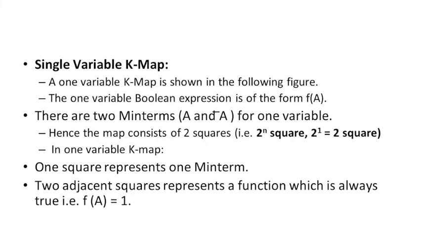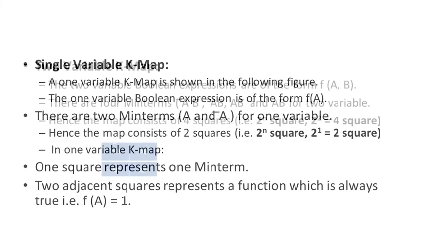Why? Because 2 to the power 1 is equal to 2 squares. In a one variable K-map, one square represents one minterm. Two adjacent squares represent a function which is always true, f(a) = 1.